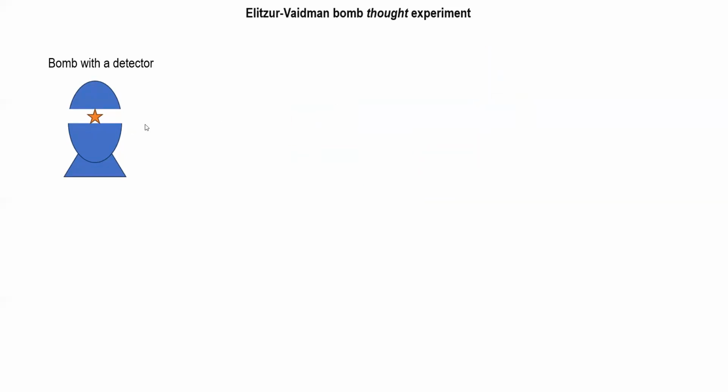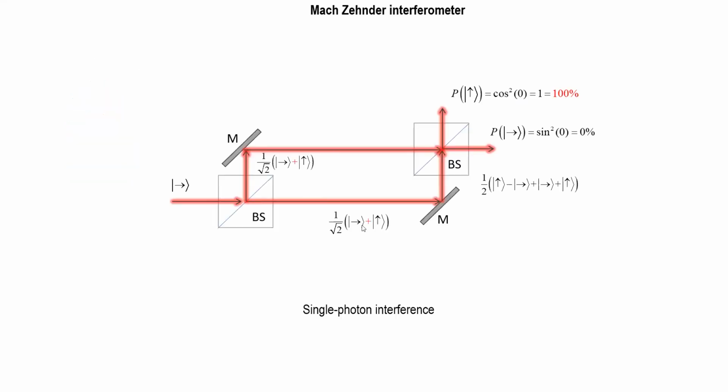And so in some sense, this is a realization of either this scenario when the bomb is defective, right? So the photon passes through without interaction, and we get, for example, 0 photons in the horizontal channel.